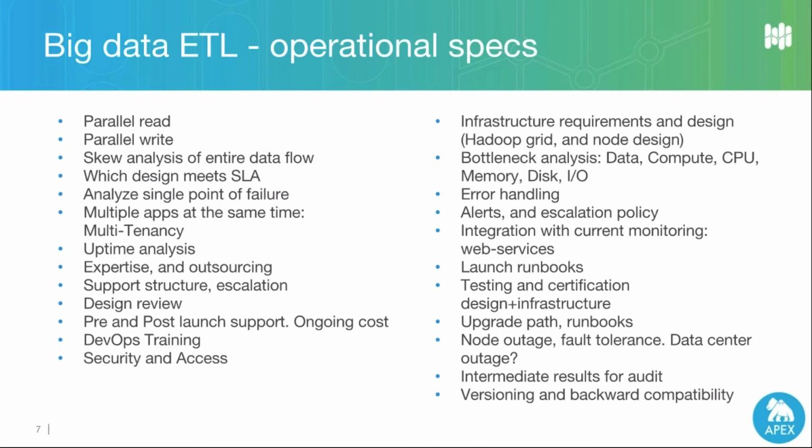We are talking about distributed systems, right? So parallel reads and parallel writes are a must-have, inherent part of the specifications. Then there could be some skew in your input data.